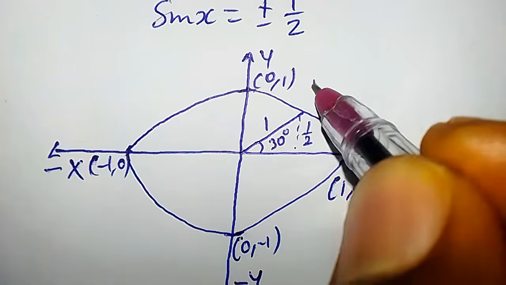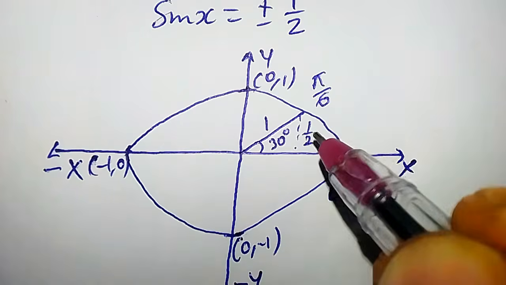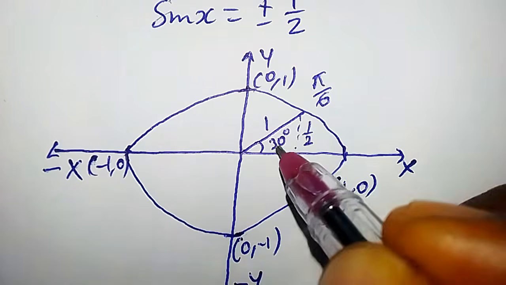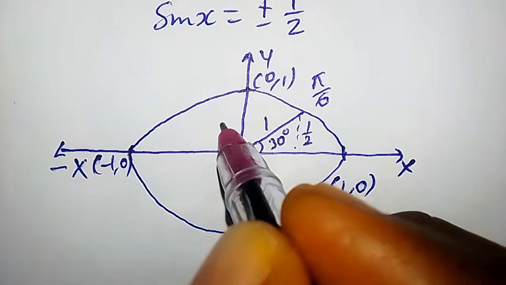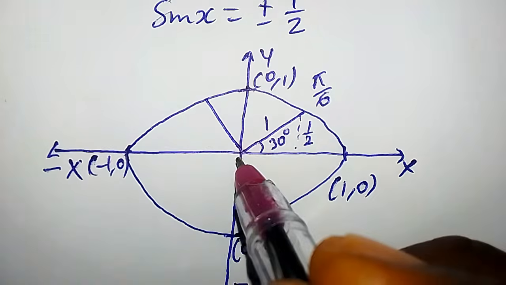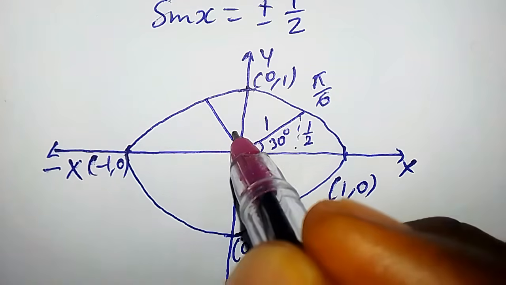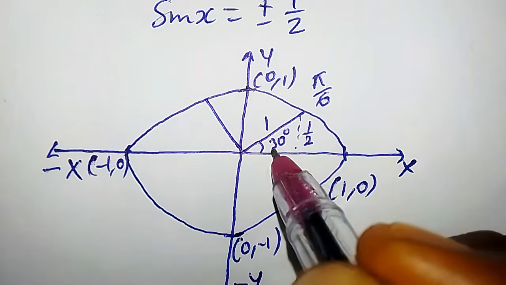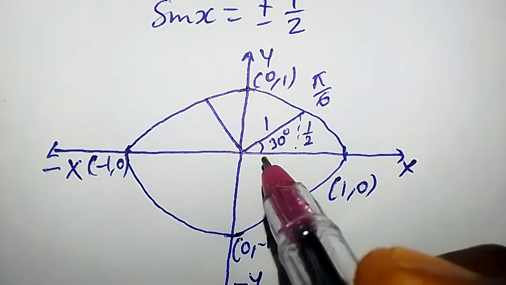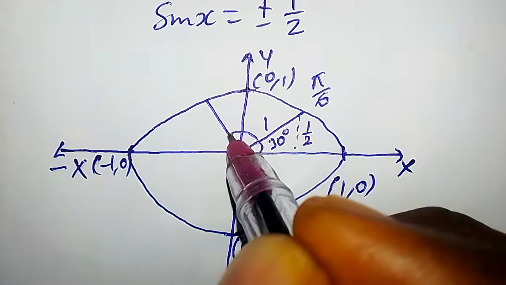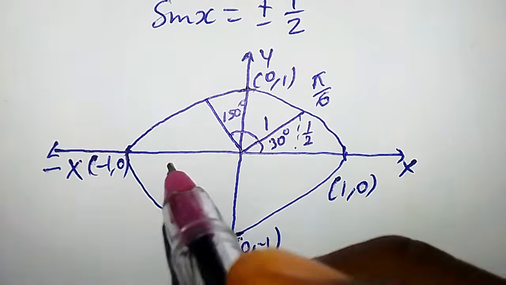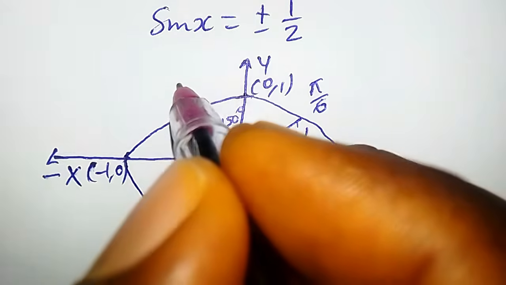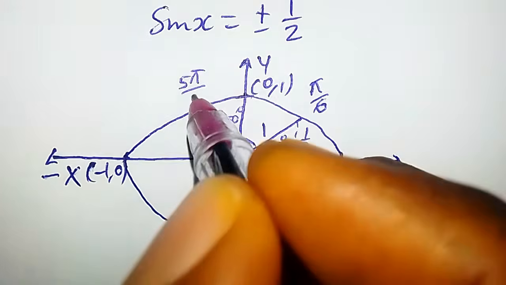That is pi over 6. 180 divided by 6, that is 30 degrees. There is another straight line here. That also means there will be another angle. 180 degrees minus 30 degrees, that is 150 degrees. So this angle is 150 degrees. What is 150 degrees in radians? That is 5 pi over 6.